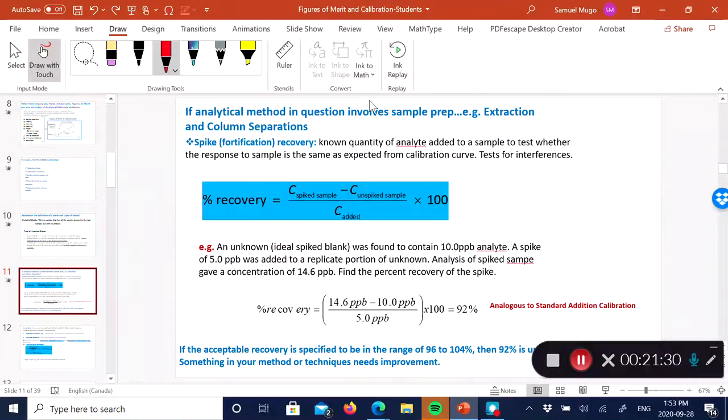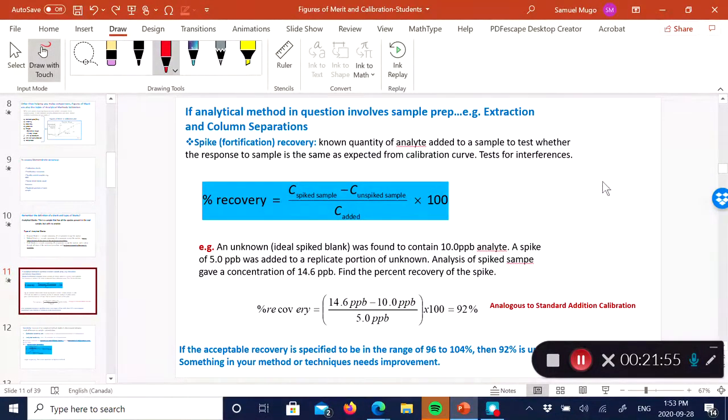And so when you're doing that, you need to assess how good your analytical method is in doing the extraction. Okay. And so in this case, often you would take the sample and then you spike it with a known quantity of the analyte and then take it through the extraction process, and then you do the detection.